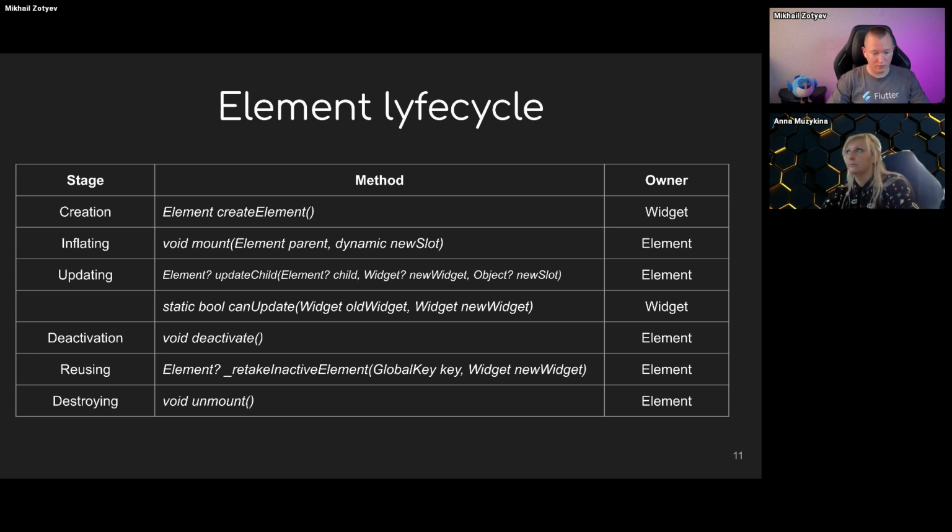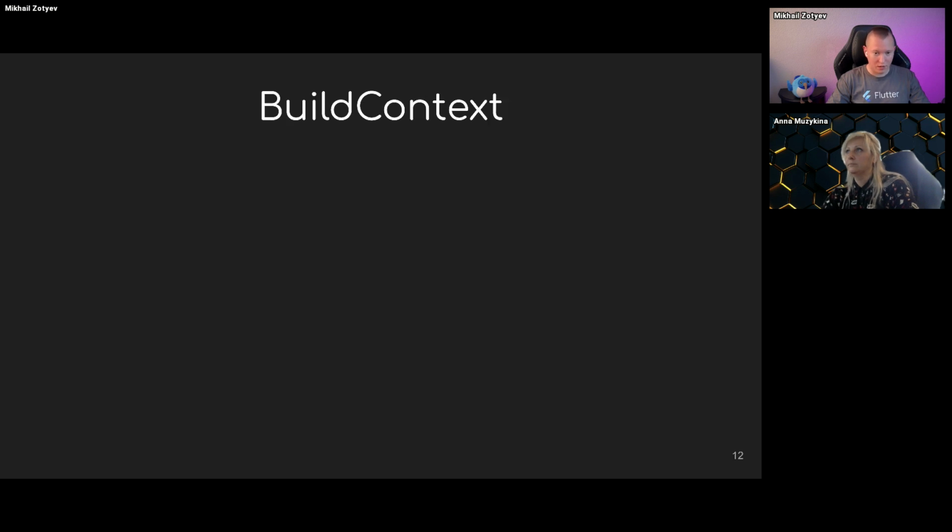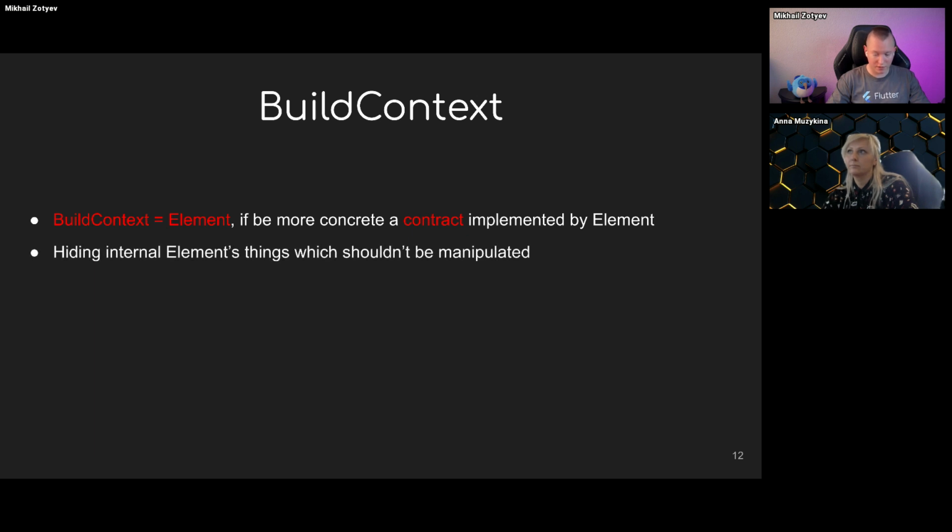When we talk about element, it's also important to highlight the concept of build context. So actually build context is just element, not everything, but the contract implemented by element. With this contract, we highlight things that should be used and hide things that should not be used and should not be manipulated.